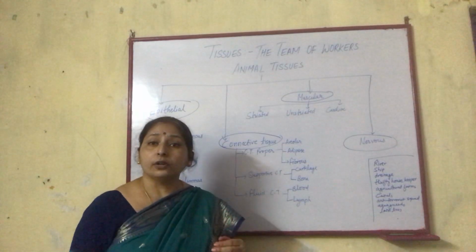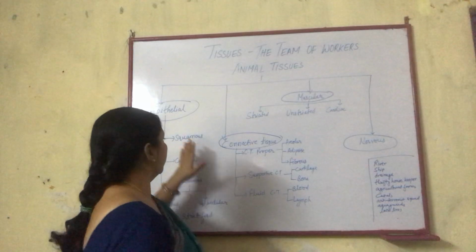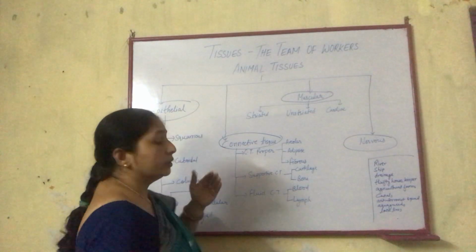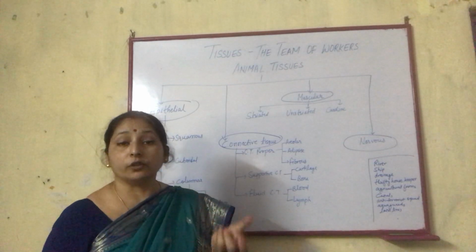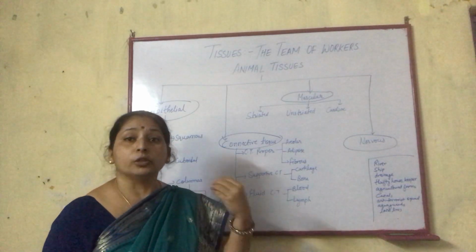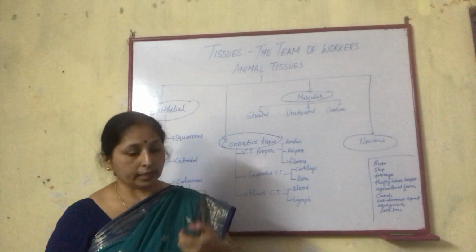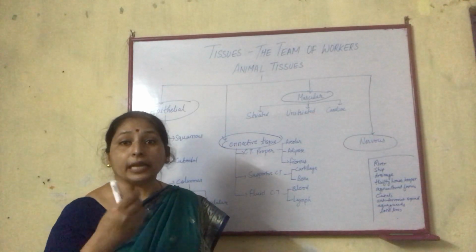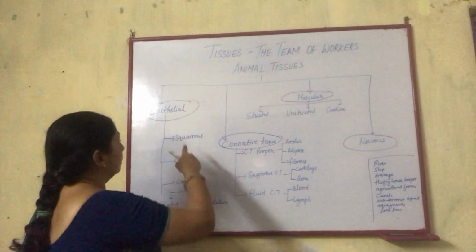The epithelial tissue forms the outer covering of the body, or the outer covering of an organ, or of a vessel or capillary, or the lining of a system. That lining or covering is by epithelial tissue.